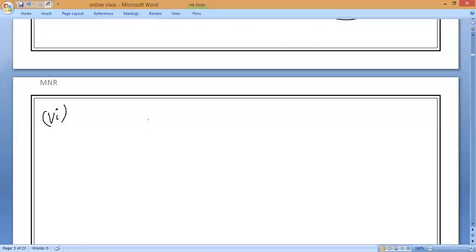So that is the fourth point. All of you write it. You have to draw the diagram also; if they ask in the exam, you have to draw it.